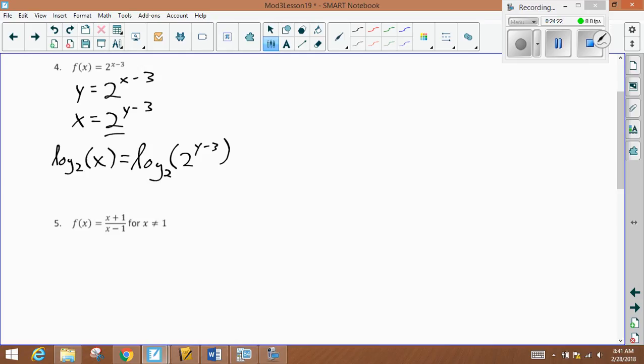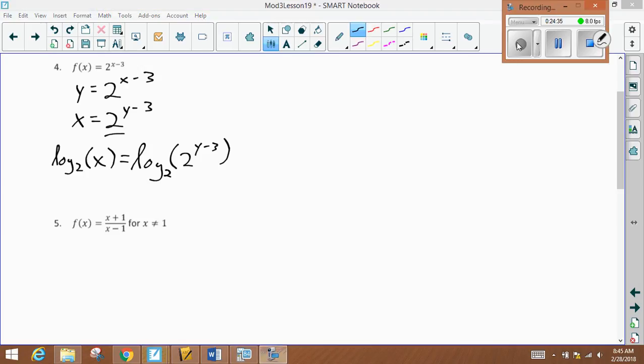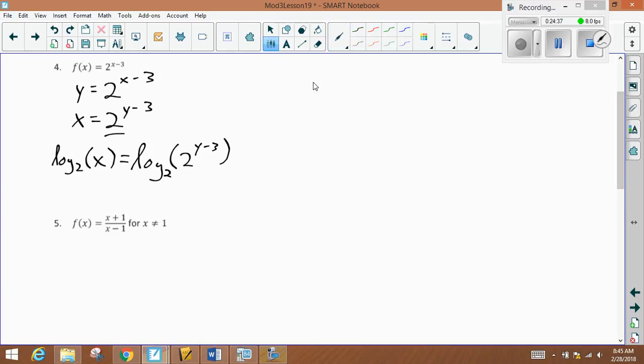Now, we need to solve for y. We need to continue our quest, I should say. All right, let's continue this one. So, I got to get the y out, but now that I've made it a logarithm, I have a property of logarithms that allows me to take my exponent out.